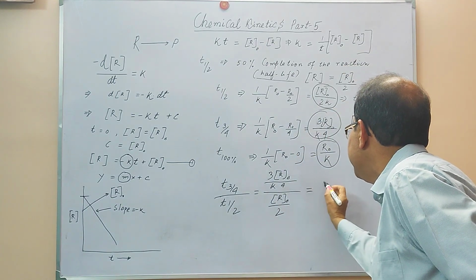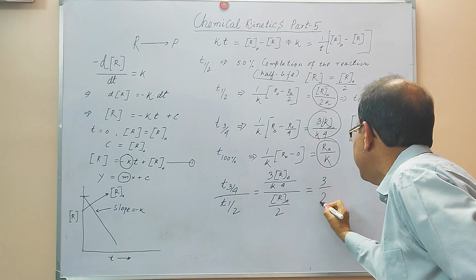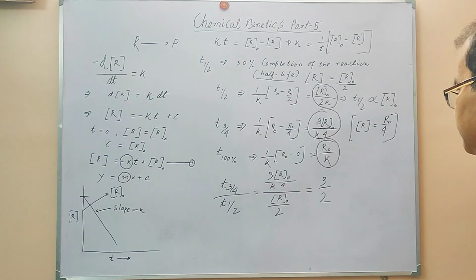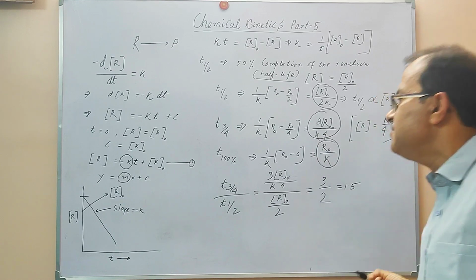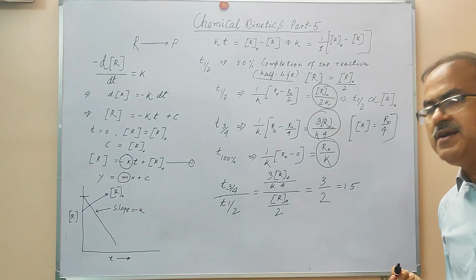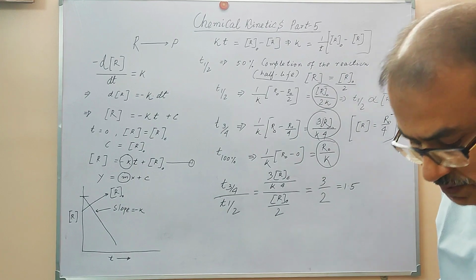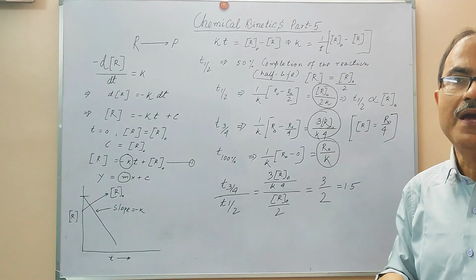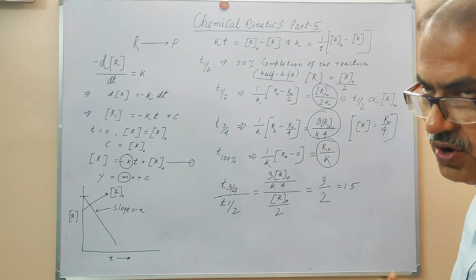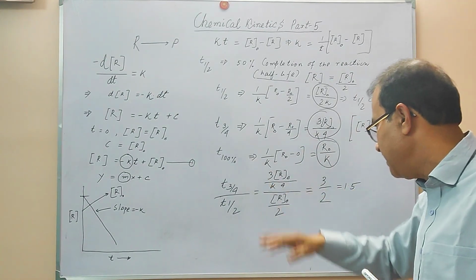So we will get 3/2, okay, means 1.5. Means 75% of the reaction will be completed in 1.5 times the half-life.